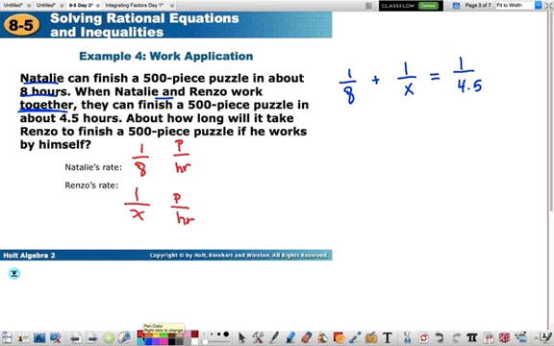Let's see if you can solve that for x. Here's another way. I didn't think about this one earlier. And then it'd be pretty quick to solve for x. 4.5 is 9/2. That's going to make my problem easier.